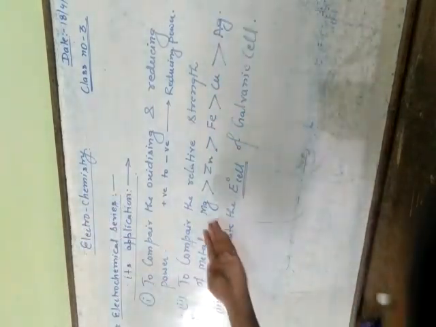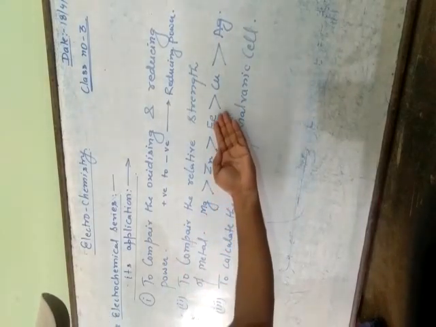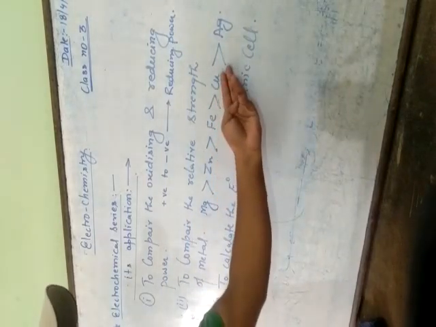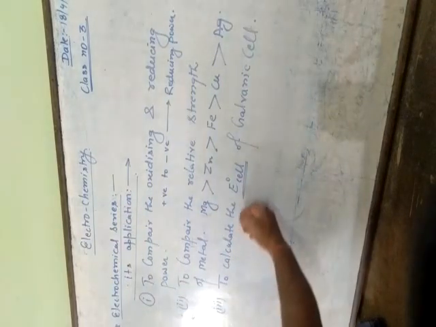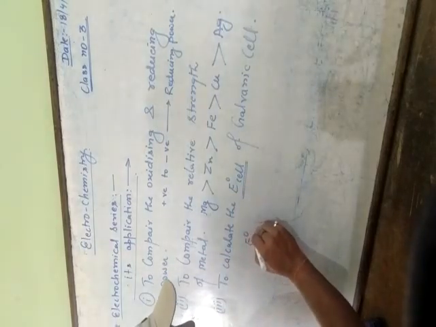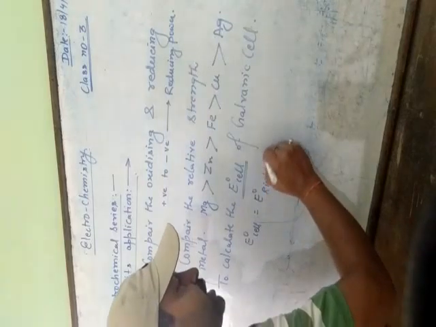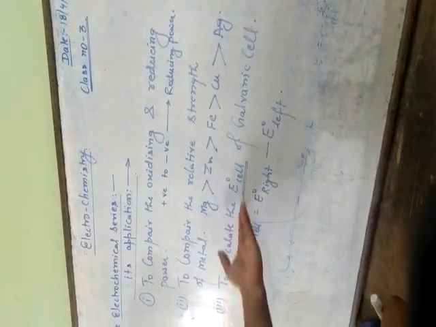Magnesium displaces zinc, iron, copper and silver from their salts. Zinc displaces iron, copper and silver from their salts. So we relate the strength of metals with the help of the electrochemical series, and we also calculate the cell potential. If we know the values of the right electrode potential and the left electrode potential, then we can calculate the EMF of the galvanic cell.